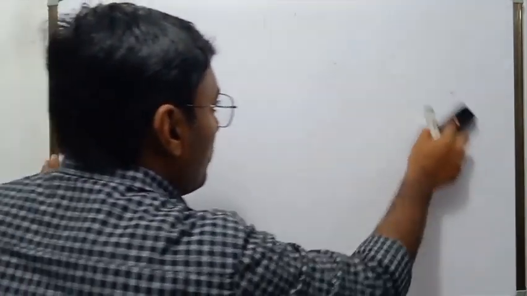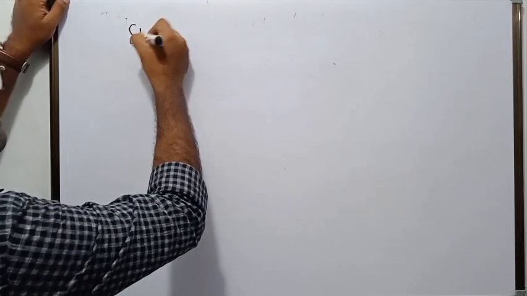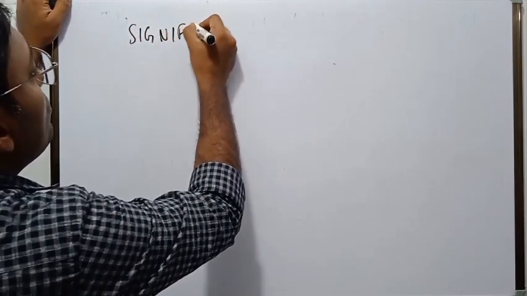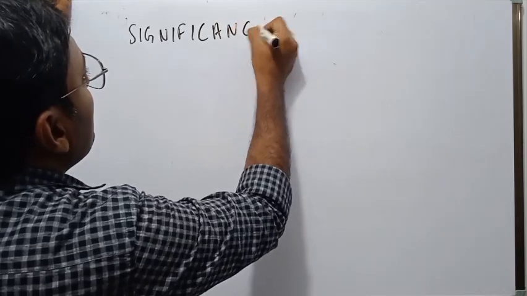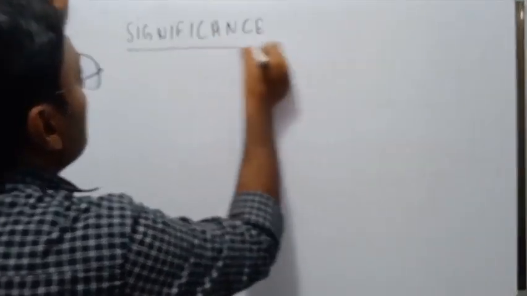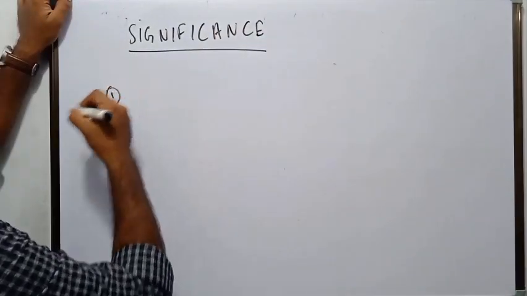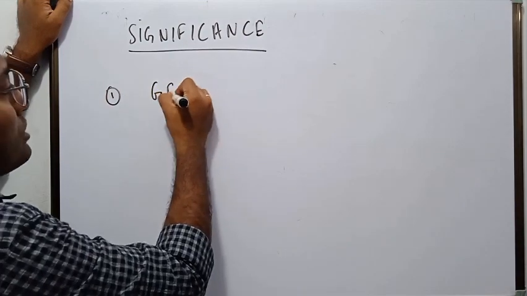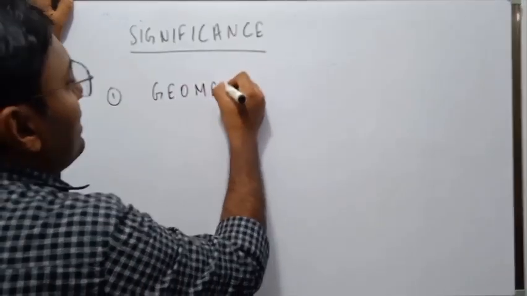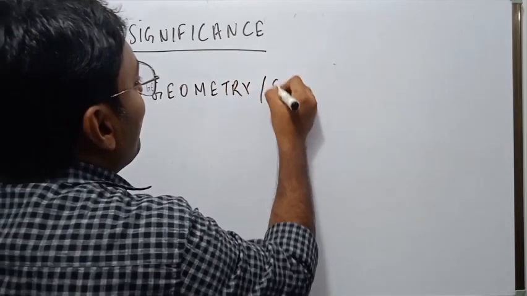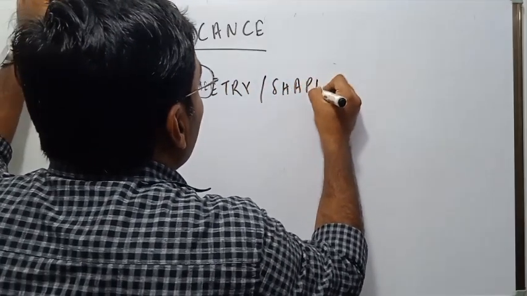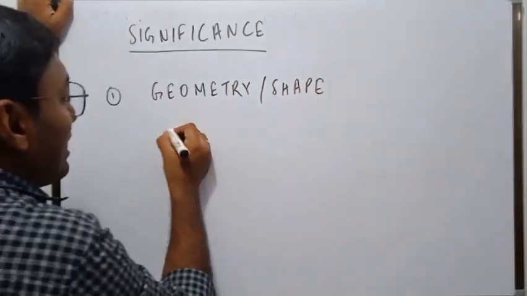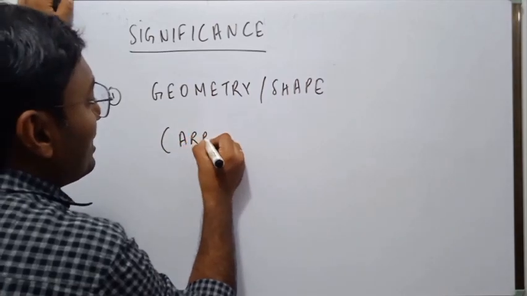Now let us go for the significance of polarity. What is the significance? What is our use of knowing this? See, the first thing is that you can determine the geometry or shape of the molecule, right? You can determine the arrangement of bonds in a molecule.